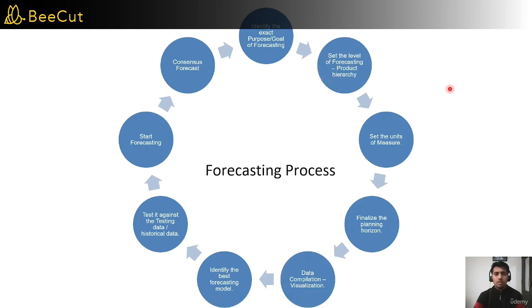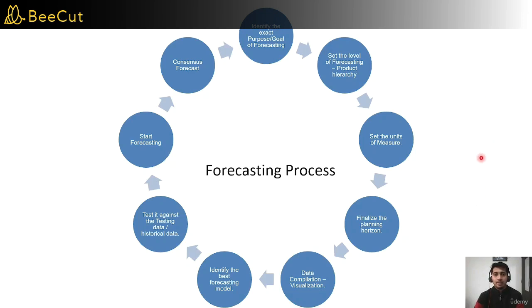The further down you go into the granular level, the less accuracy you have. Higher in the hierarchy, you get the best accuracy, a more accurate result. Lower in the hierarchy, at the granular level, you will have less accuracy.